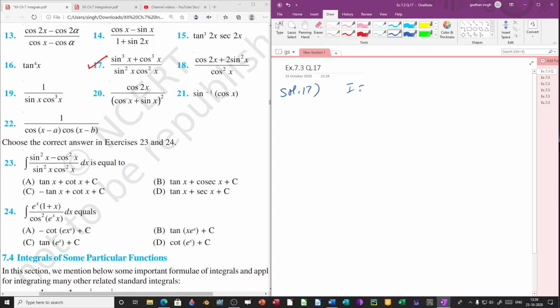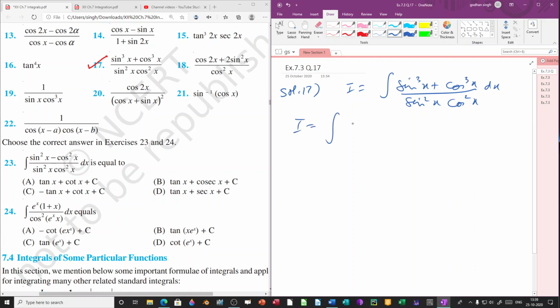I equal to integration of sin cube x plus cos cube x over sin square x into cos square x, and here we have dx. So, what we'll do is we'll separate them.